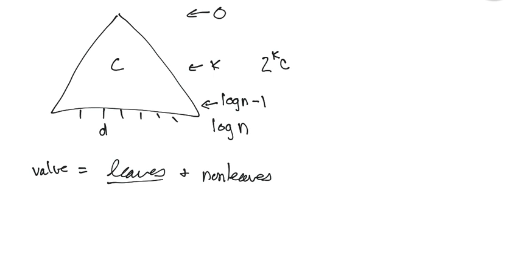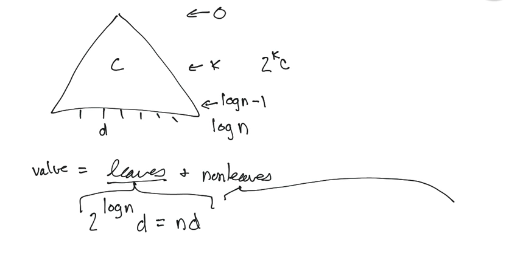Well, how much is in the leaves? There are 2 to the log n nodes, each with value d, which is just equal to n times d. In the non-leaves, the value is obtained by a simple summation where we sum the value at each level. And so here we're taking the summation where the level k goes from 0 to the penultimate level, log of n minus 1, of 2 to the k times c.